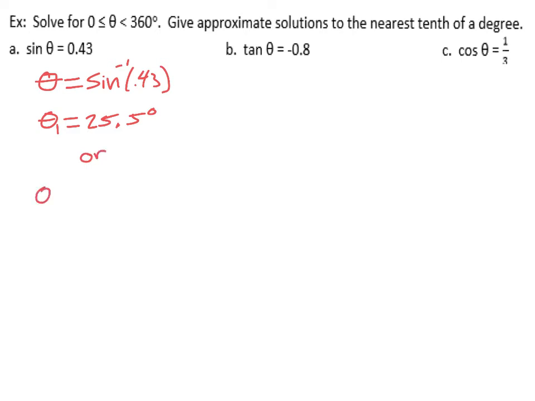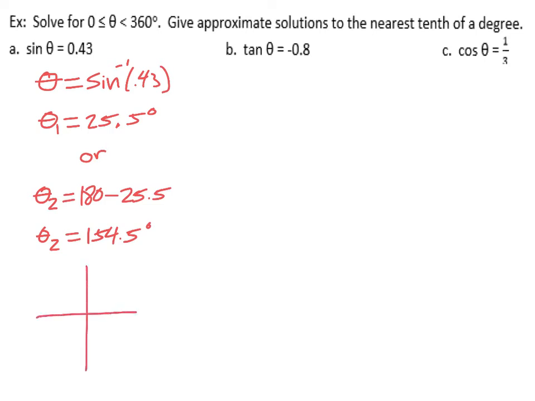This is where you have to apply your rule. With sine, we would take 180 minus our first answer, and then we're going to get our second, which would be 154.5. If I were to draw a little sketch of this, right over here at 25.5 is theta sub 1.